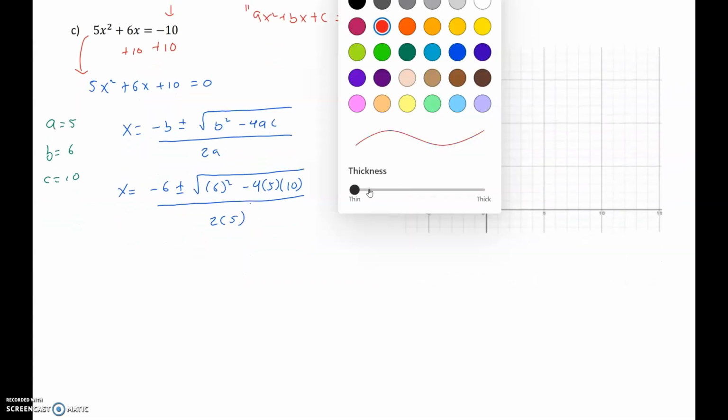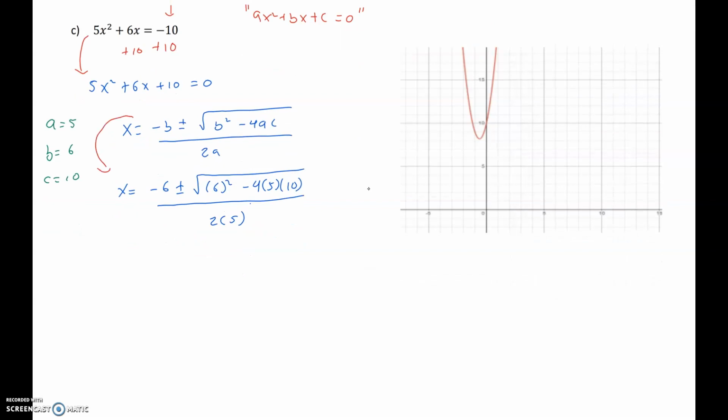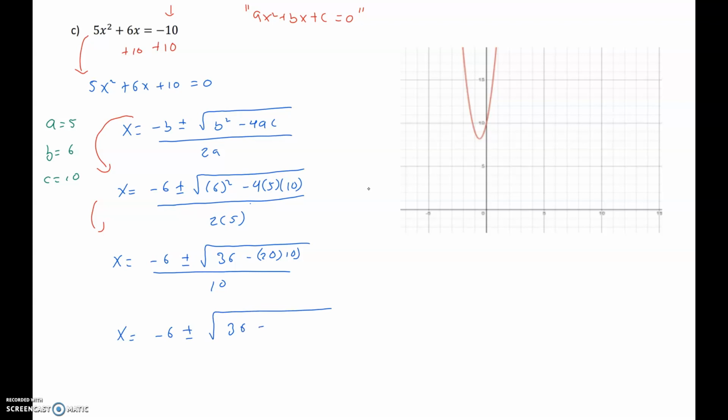And this is going to give us the complex roots within the next two steps, because we have x is equal to -6 plus or minus the square root of 36 minus the values of 20 times 10, divided by 10, or x is equal to -6 plus or minus the square root of 36 minus 200.